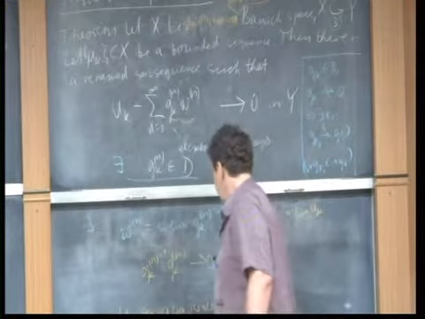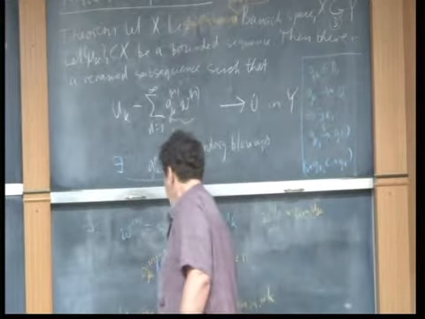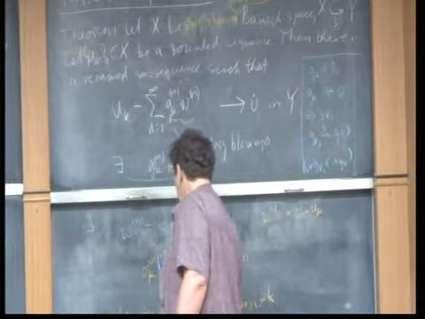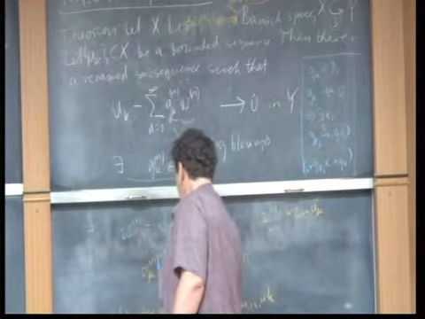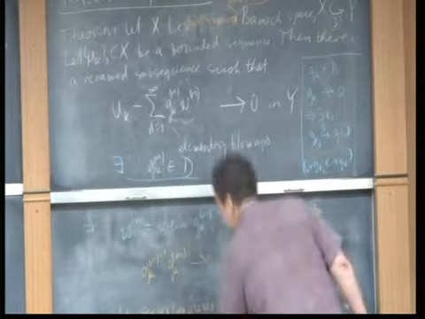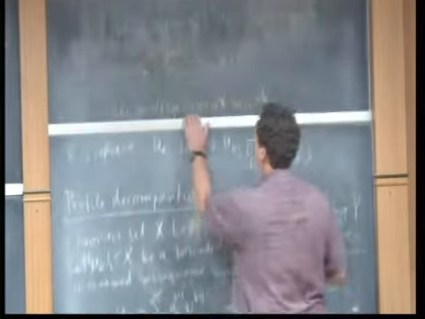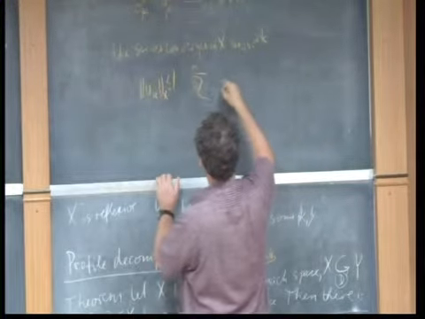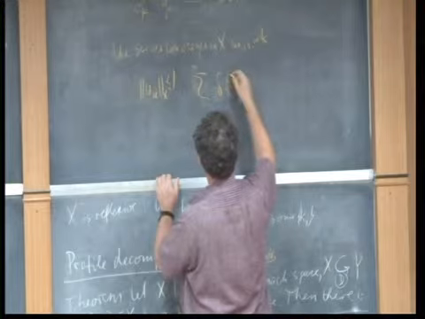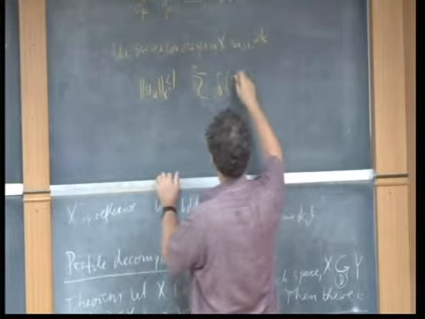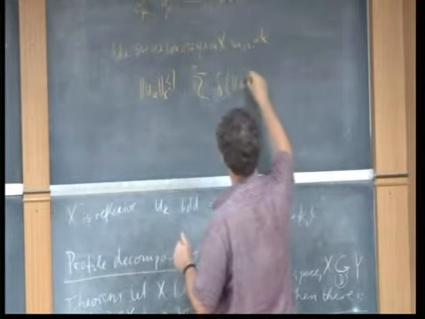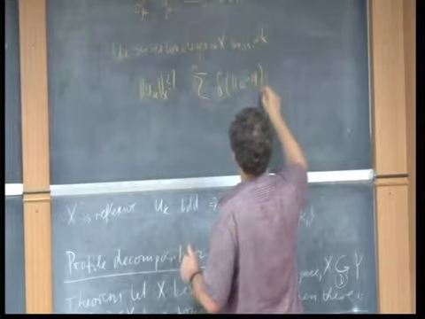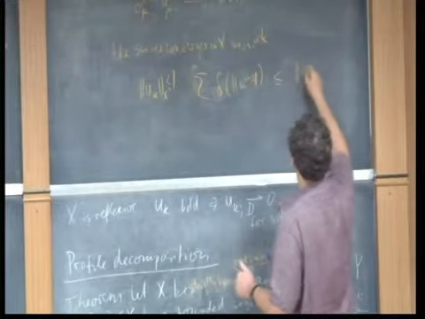and if the norm of u_k is less than or equal to 1 in X, then the sum of the moduli of convexity of the profiles is less than the norm of u_k.